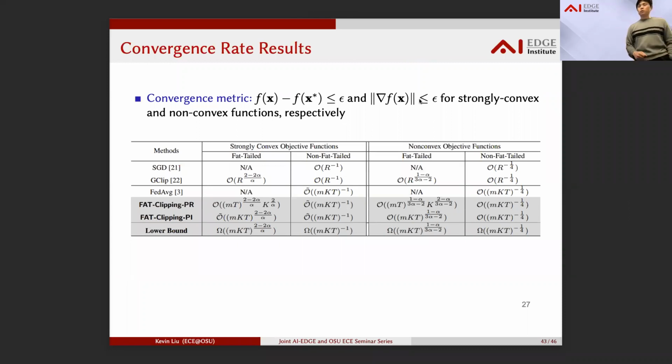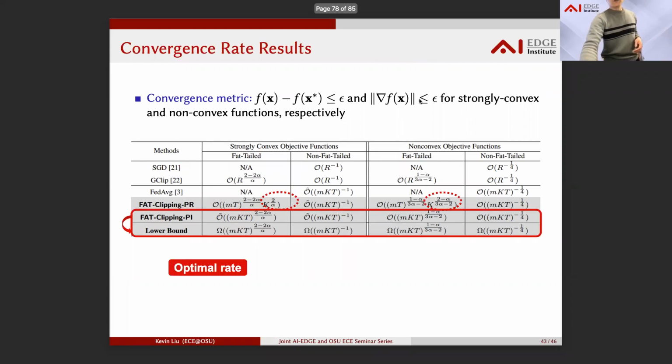Let me get to this table, which summarizes all the convergence rate results. This is the lower bound we proved for FL with fat tail noise, alpha less than 2. We compare the results of our FedClipping, both PR and PI, with this lower bound.